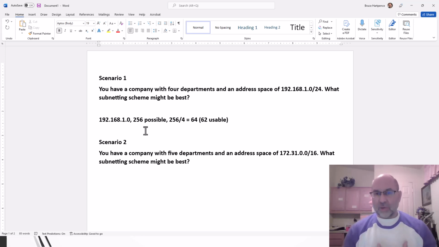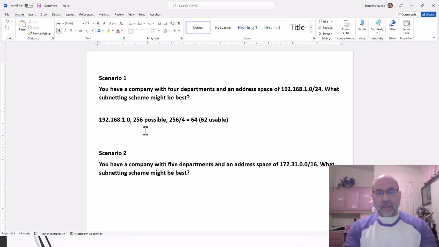Now, if I was going to do this the quick and easy way, I'm going to do equal size subnets, just 4, and I'm always going to start with a classful address space, so I know that my first subnet is going to be 192.168.1.0.